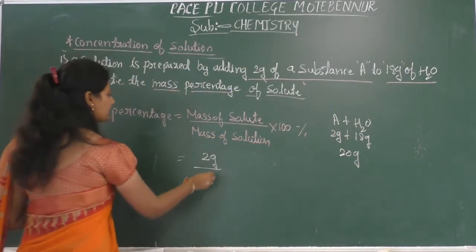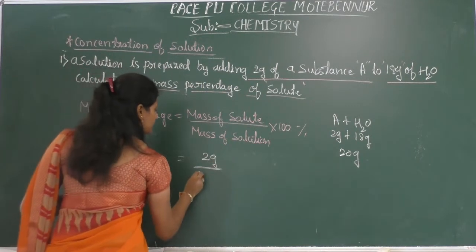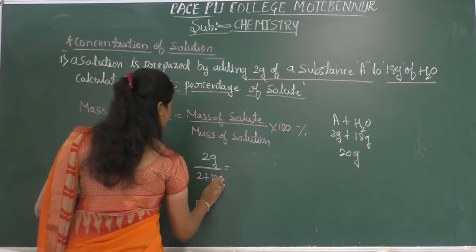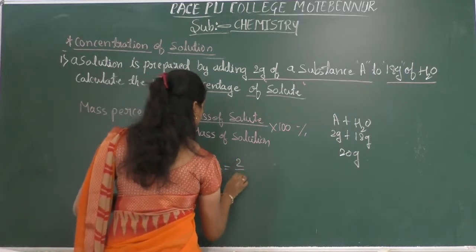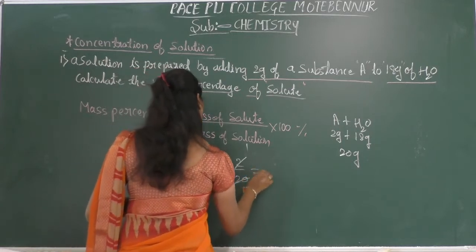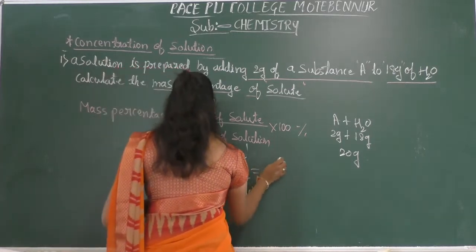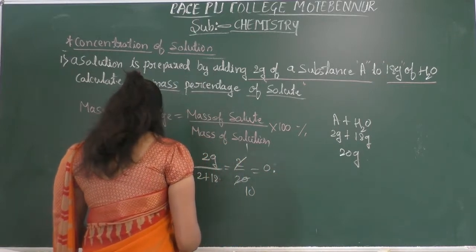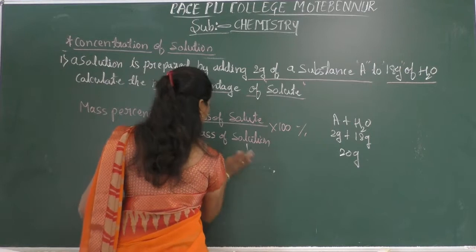Okay, so here the mass of solution is 2 plus 18 grams, that is 20 grams. So 2 divided by 20 grams. Here 2 ones are 2, 2 tens are 20. Here we have to do into 100.